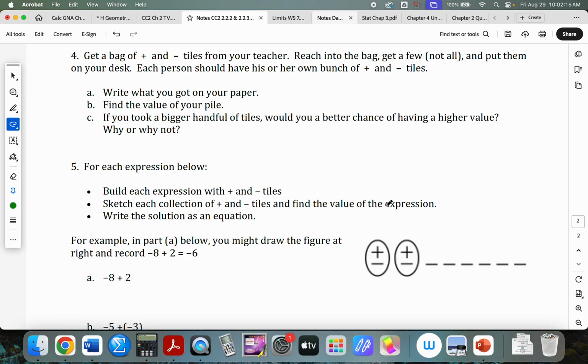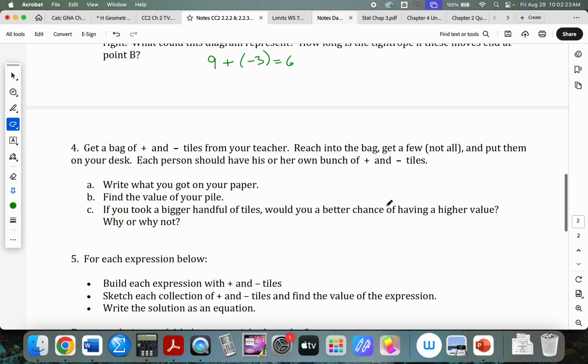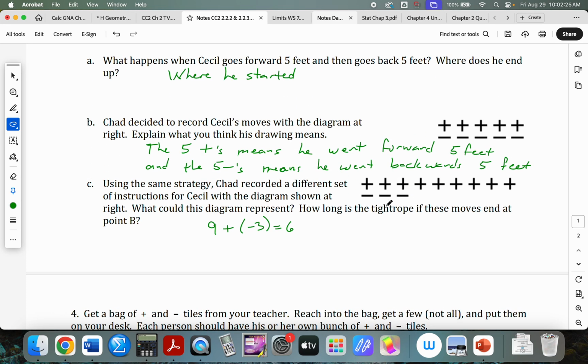What is the value? Well, so like on this one, the value was 6. After it was all said and done, it was a positive 6.